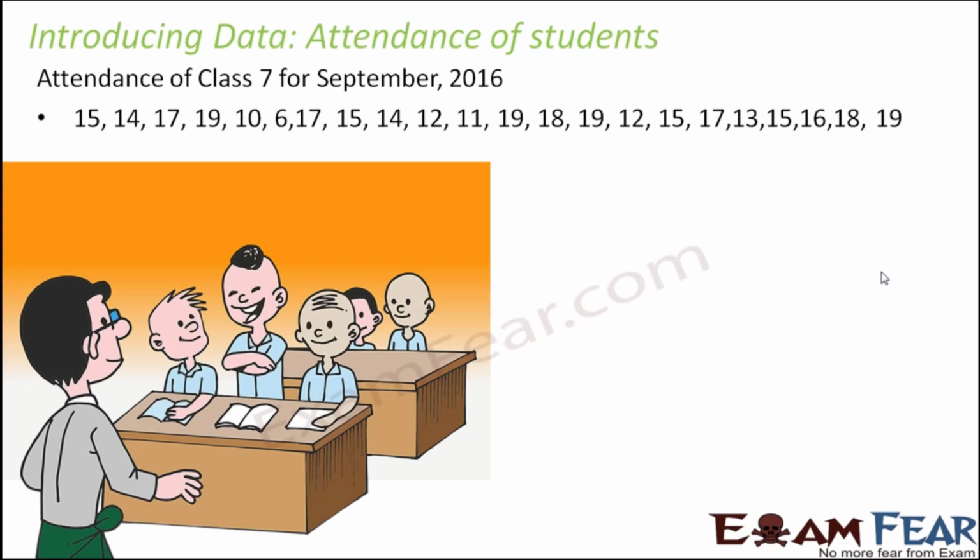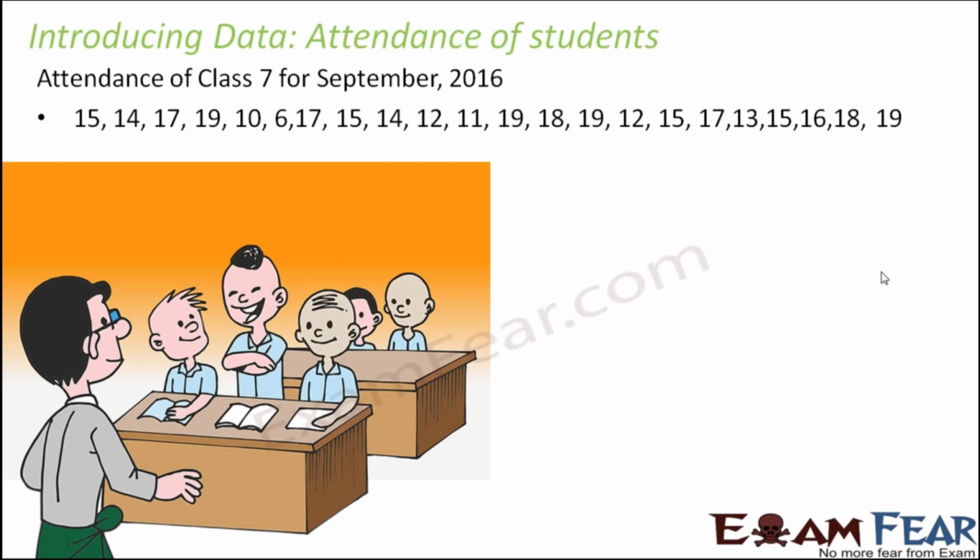Now what is this? This represents the number of students present on each day of September. Now in the month of September, you have a total of 30 days. Let's assume that you have 20 to 25 working days, and the attendance of those working days is given as you can see on the screen.